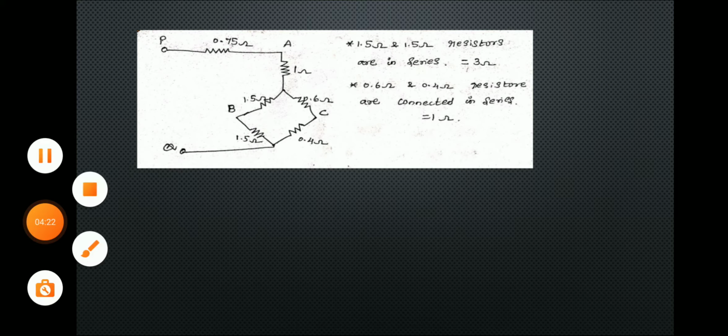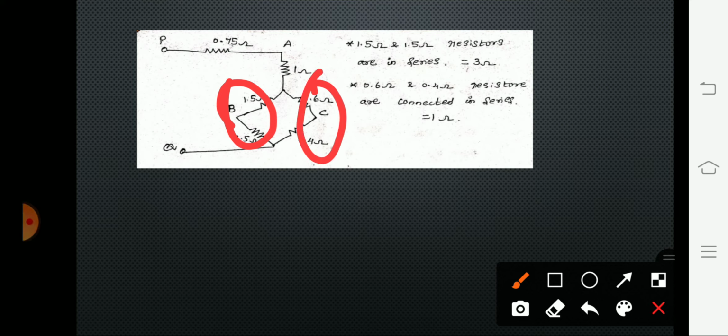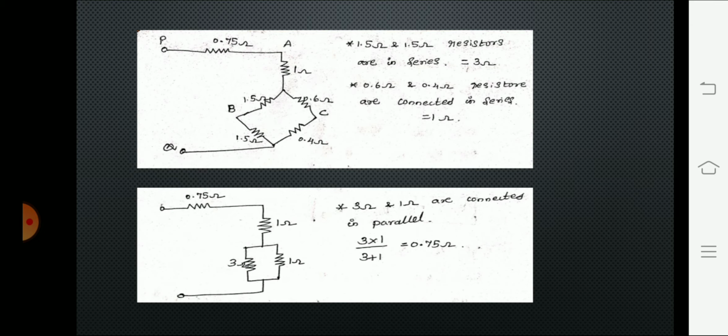Now the 1.5 ohm and 1.5 ohm resistors are connected in series, and the 0.6 and 0.4 ohm resistors are connected in series. We know the series resistance formula R1 plus R2, so we get 3 ohm and 1 ohm. Finally we redraw the diagram.